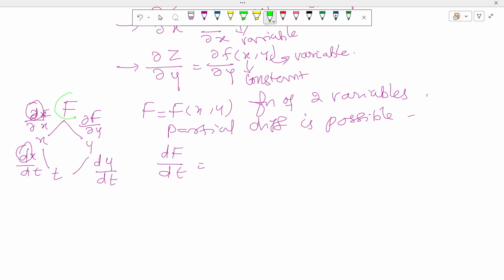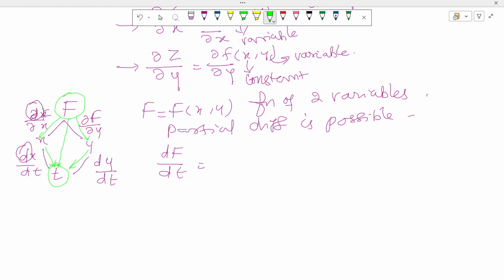I want to come from f to t. It is like a path. Either I can journey from f to x and then x to t, I can reach t. Otherwise I can take the path from f to y, again I can reach t. So or means plus, and means multiplication.